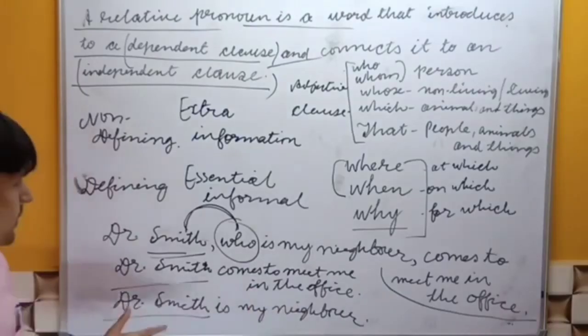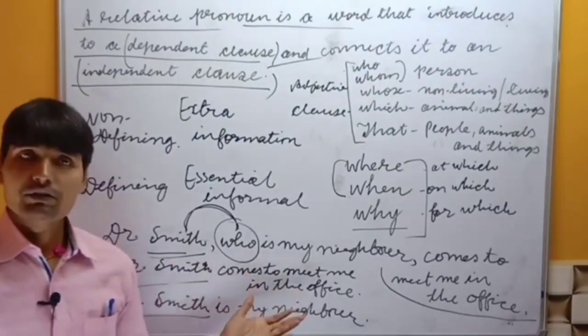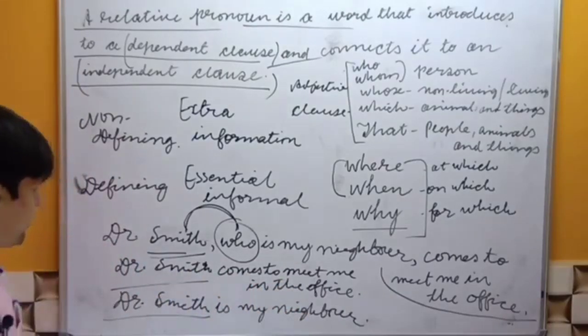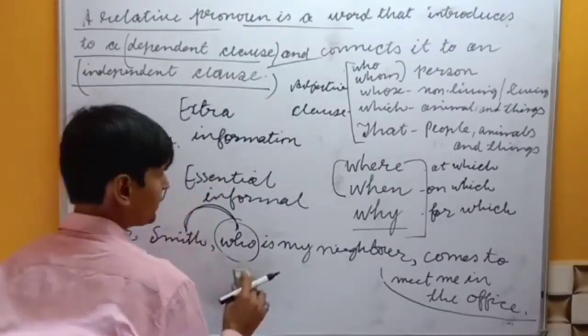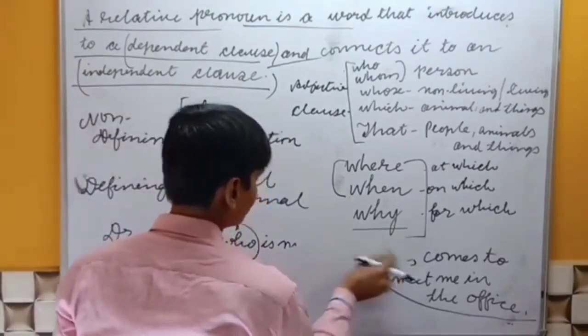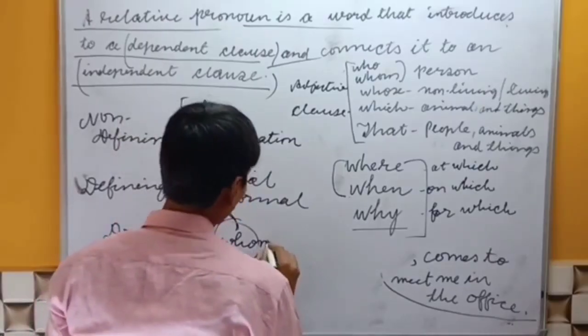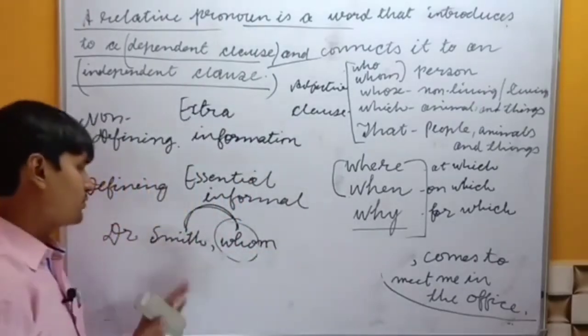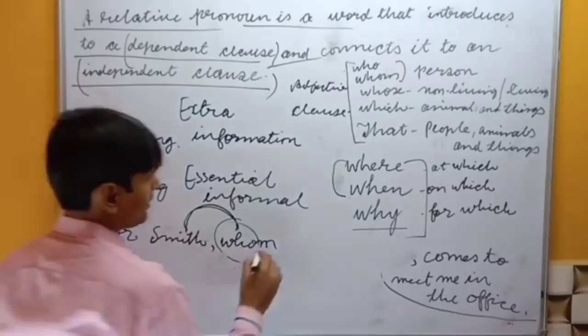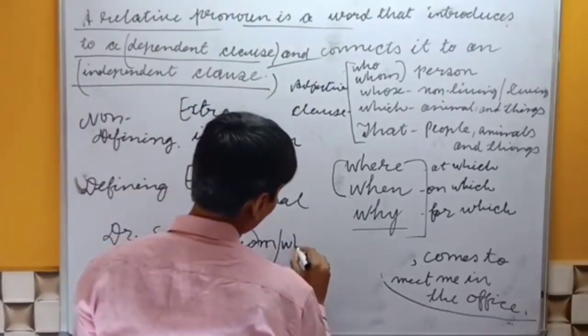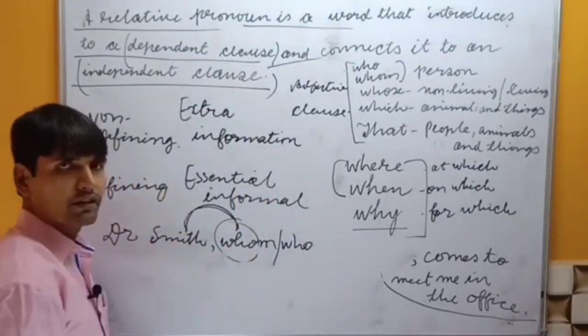Okay, if you use them in the object case, let's see. Dr. Smith, you can write in this way, whom. Now I have just converted who to whom, but in informal English, who is also used in place of whom in the objective case.